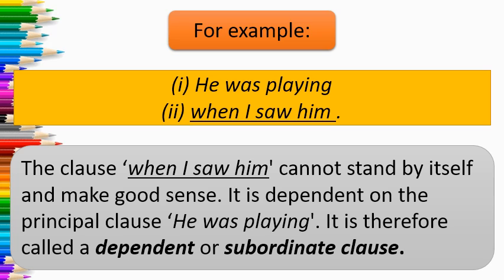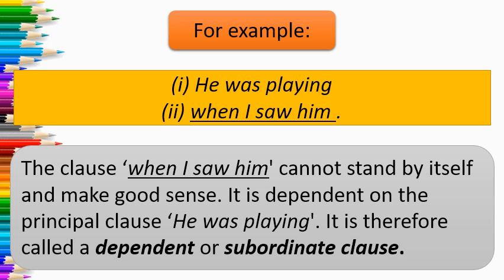So dear students, let me tell you what is the difference between main clause and subordinate clause. Main clause contains a subject and a predicate in it. Its meaning is clear without help of any other clause.